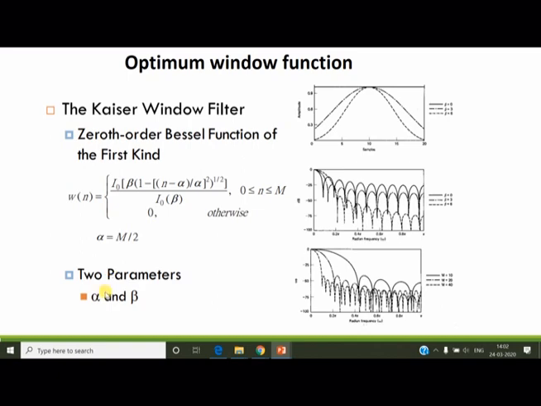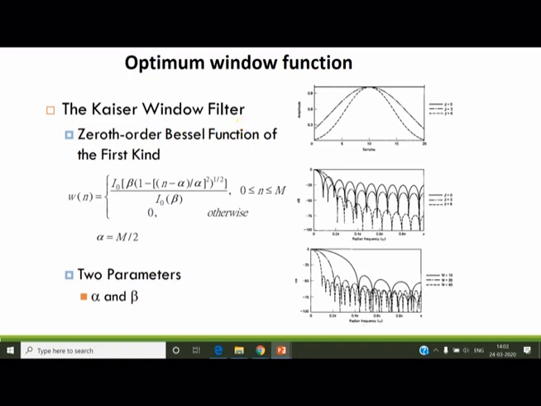With the help of these controllable parameters, we can obtain a narrow main lobe width and a smaller side lobe at the same time in most cases by means of the Kaiser window function.